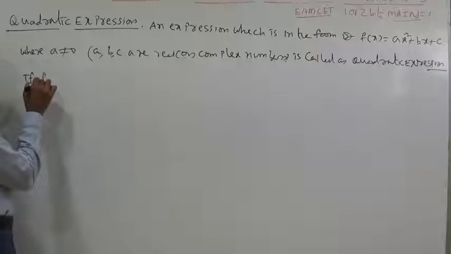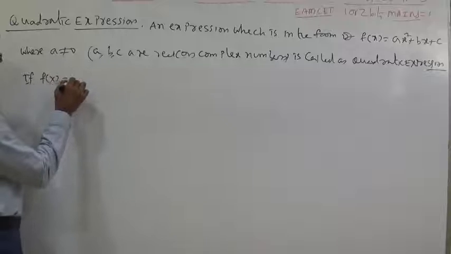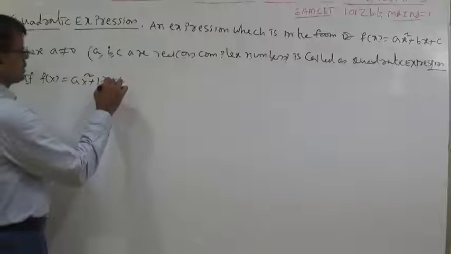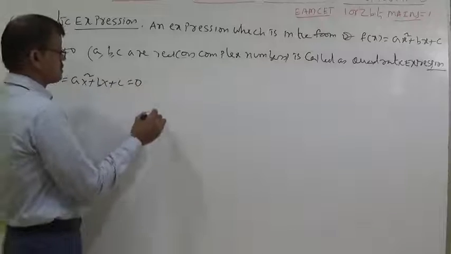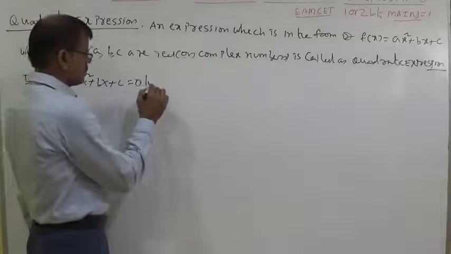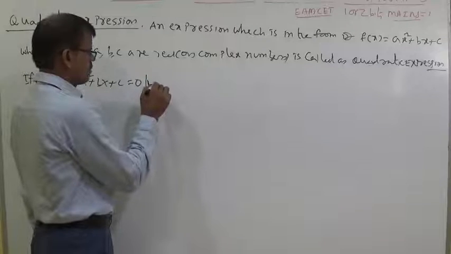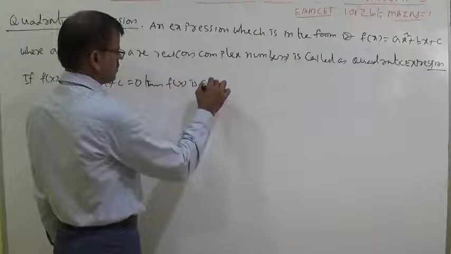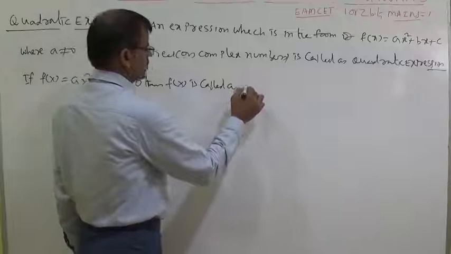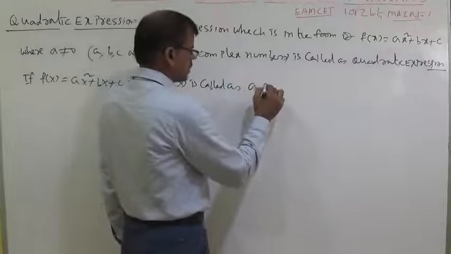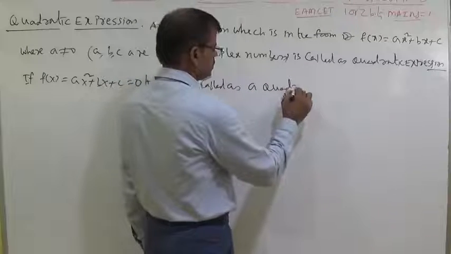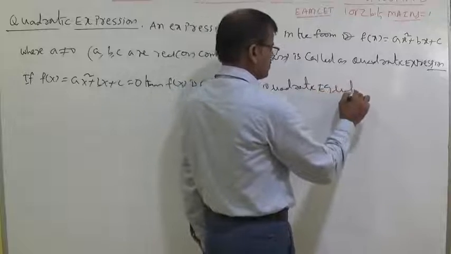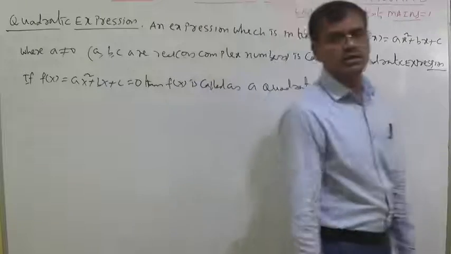If f of x is equal to ax square plus bx plus c is equal to 0, then it is called a quadratic equation.